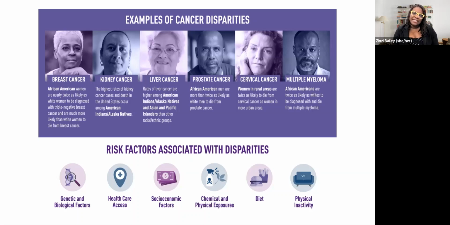The NCI identifies biological factors, healthcare access, socioeconomic factors, chemical and physical exposures, diet, and physical inactivity as key risk factors associated with disparities. However, there tends to be very little discussion about what is truly driving those risk factors, what I would call root causes.